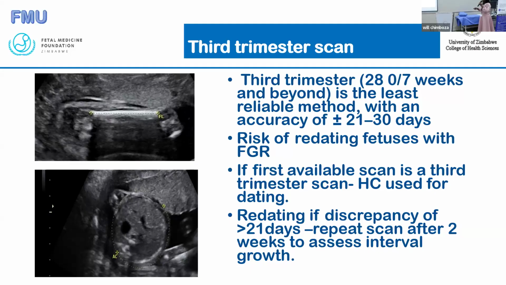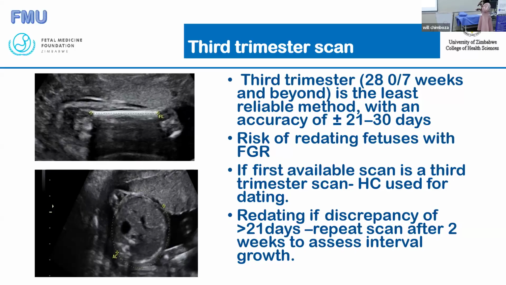So for the femur length, as you can see, the calipers should be placed on the wide part of the bone there, excluding the epiphysis. So we measure all the way in a longitudinal plane to the other end of the bone, and we also exclude the epiphysis. So the measurement that we get will be entered into the machine, and the machine will give probable days for that measurement.